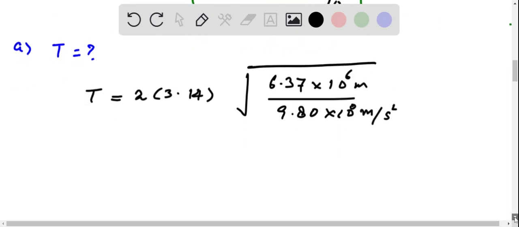So from here T equals 5.06 multiplied by 10 to the power 3 seconds.